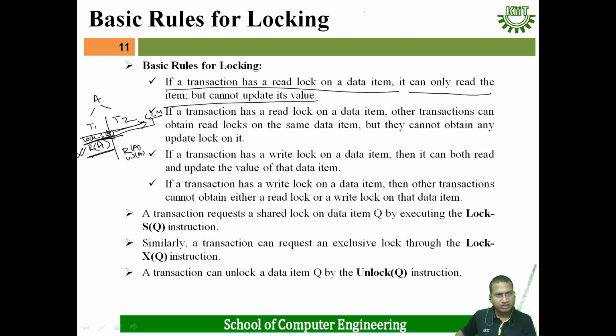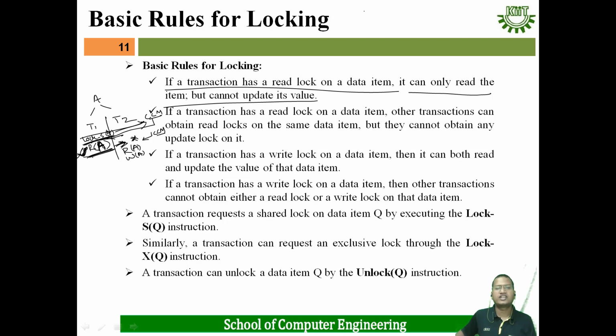And when one lock is applied on A, suppose T1 has applied a lock on A, at that moment, if the T2 transaction wants to apply a write lock on A, then that request will be denied by the concurrency control manager, because one transaction has already applied a lock on that data item A. That's why at that moment another transaction cannot apply a lock on it.